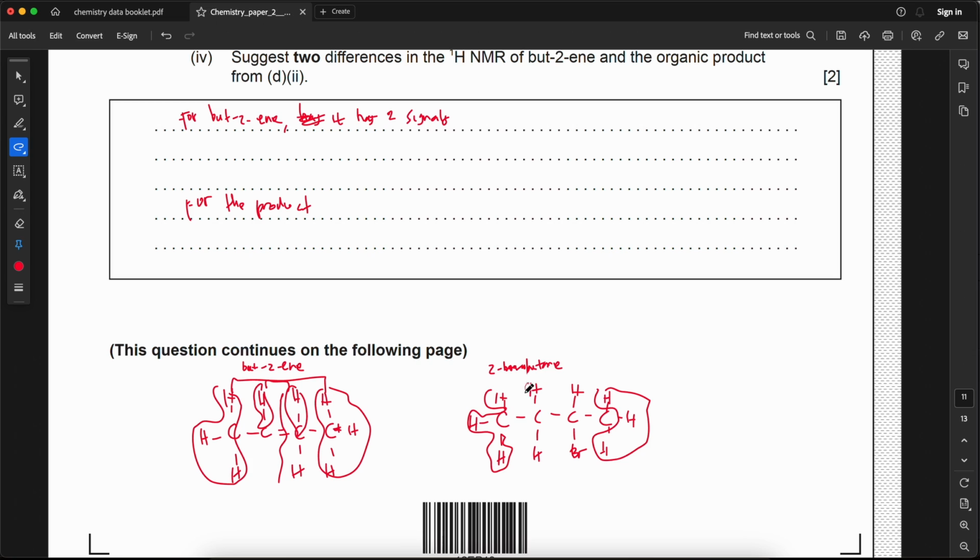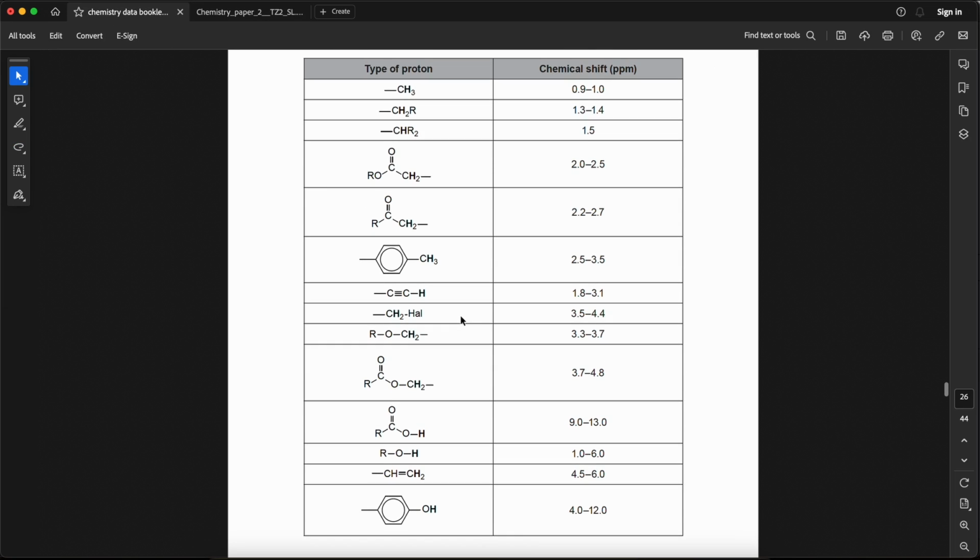All right, and it has CH2 as well, and then one H. So it has 4 environments. Okay. And the other thing that is different is the shift.